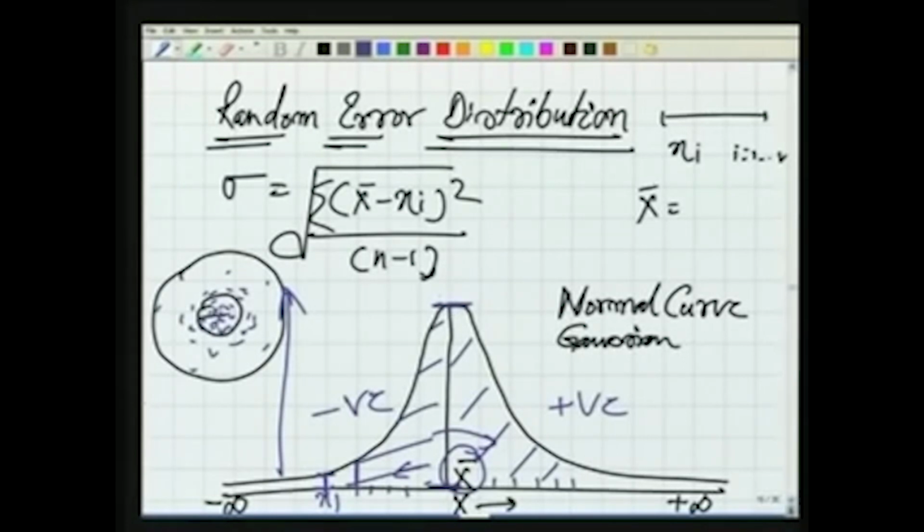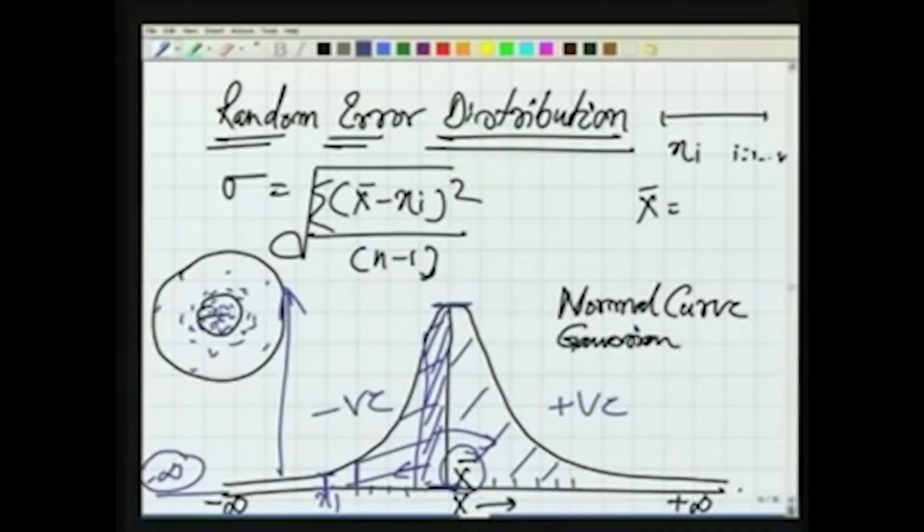Obviously, there is also a probability of an error which will be infinite in size on the negative side as well as on the positive side, but its probability will be very small. So, this is how the curve is.